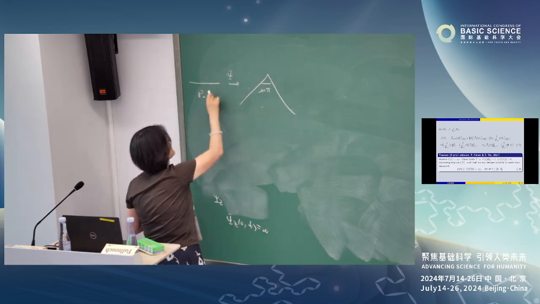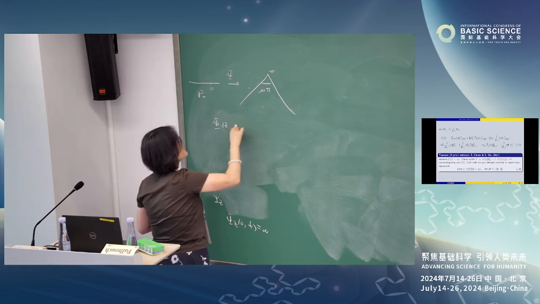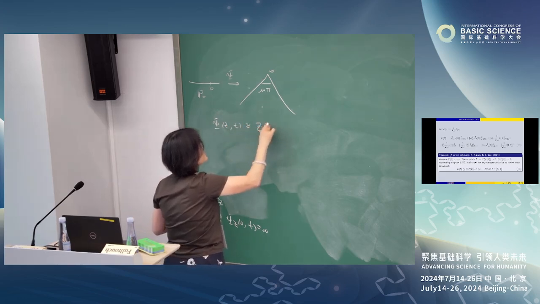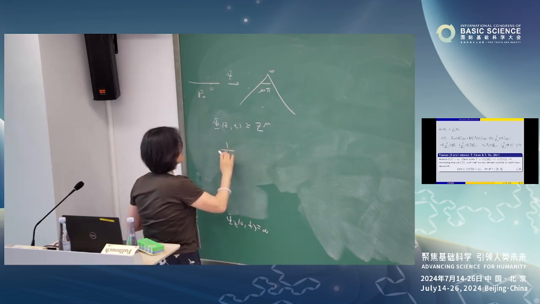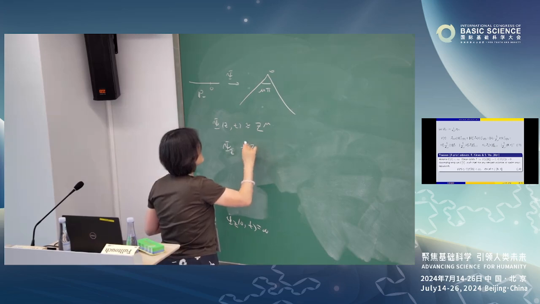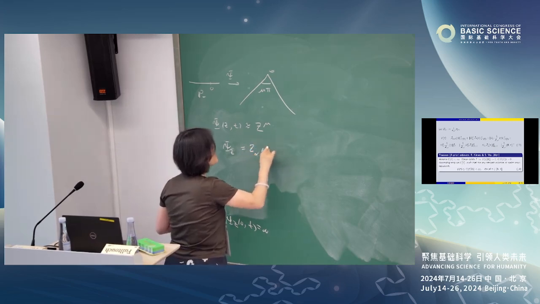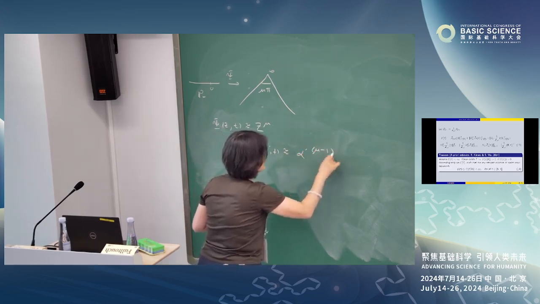And this means that this is 0, 0. So psi_0, t is roughly like c to the mu. So in other words, Z_alpha prime, t is roughly like alpha prime to the mu minus.